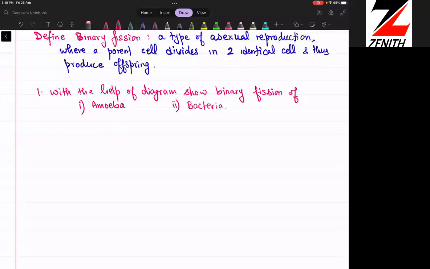So what's the difference when you are drawing the diagram between bacteria and amoeba? No one, no one.